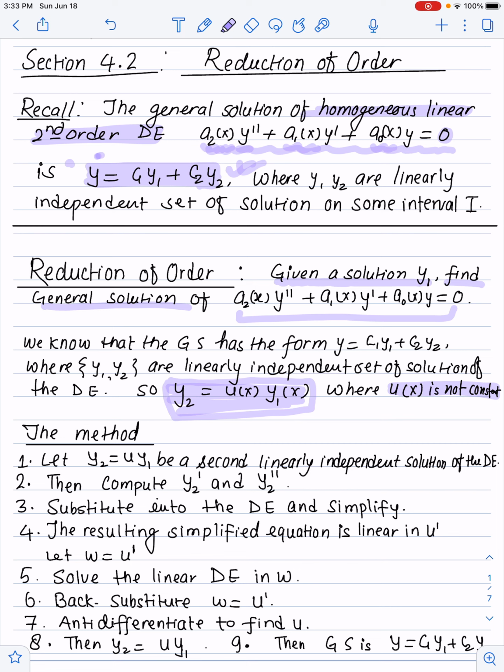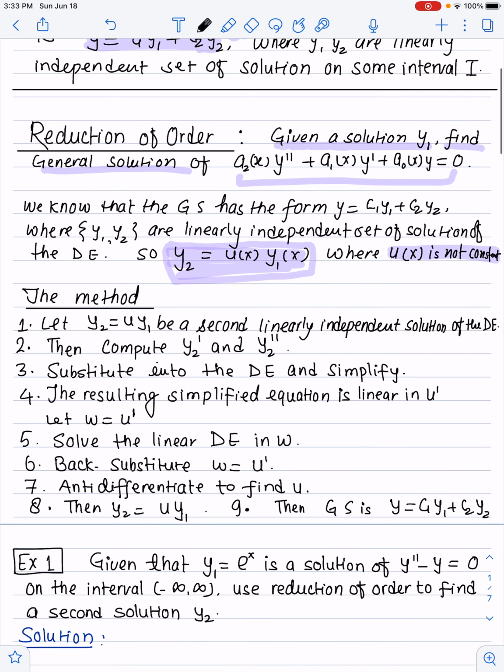Let's look at the method. As I said earlier, we assume y2 equals u of x times y1 of x. Here I just dropped the x variable. So y2 equals u times y1 is a second linearly independent solution of the DE.